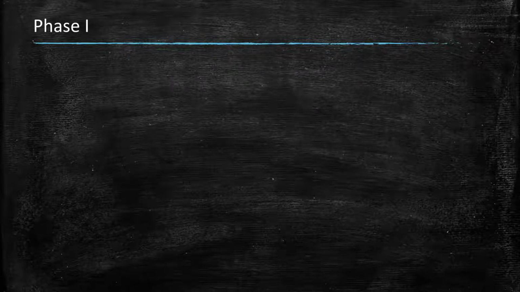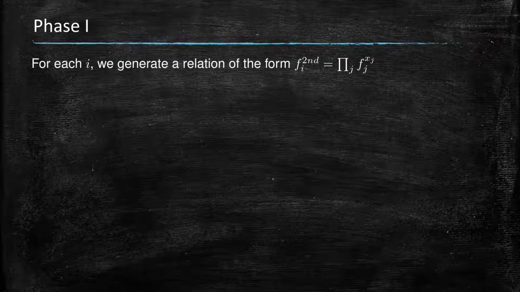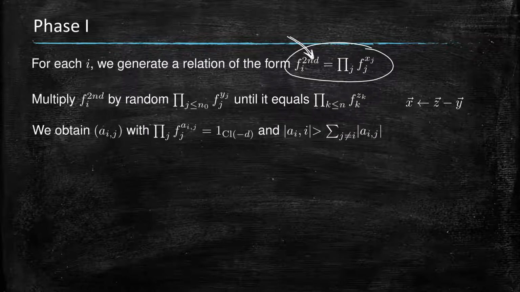Phase 1 aims to find a full rank sublattice. The way we do this is by having relations of this form here, where we're intentionally enforcing a large power of the prime form of the ith prime in the factor base.